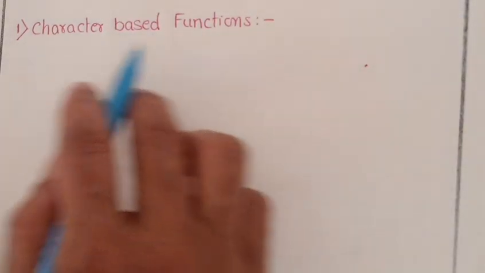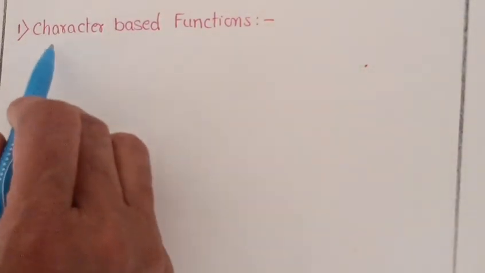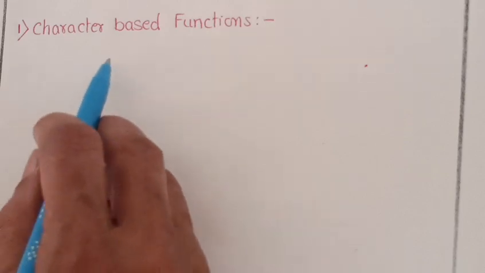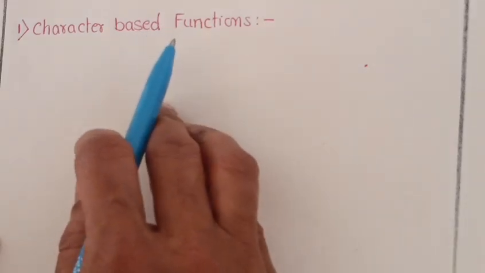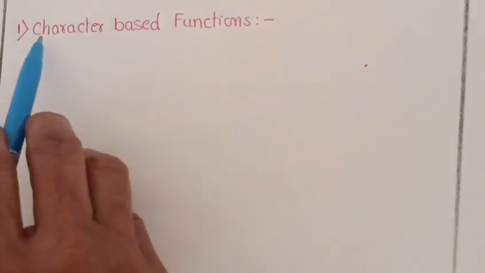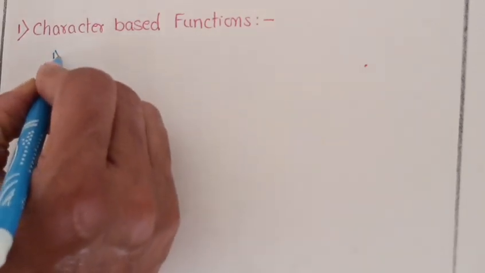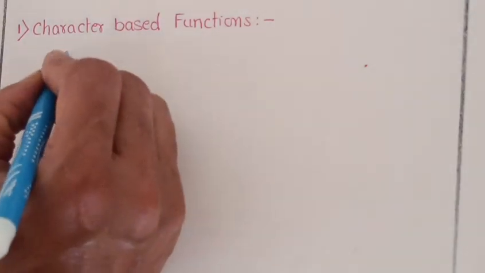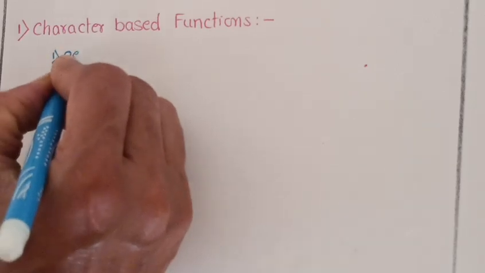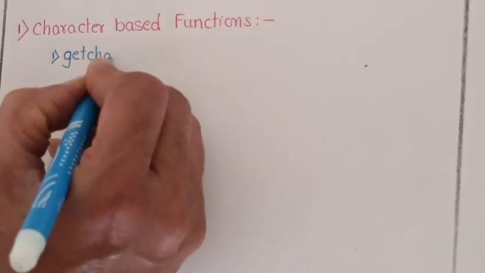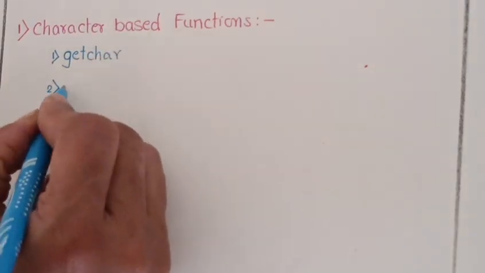Character based functions work on only a single character. Suppose you want to print a single character or read a single character from the user; then you use character based functions. There are mainly two of them. The first is getchar and the second is putchar.